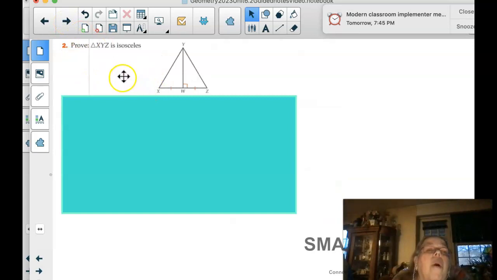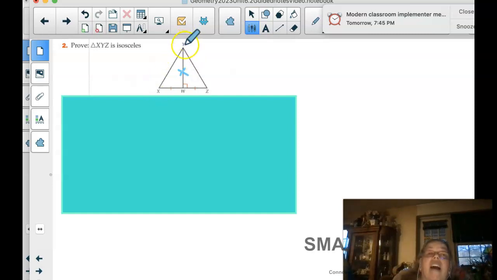All right. We want to prove that triangle XYZ is isosceles. Let's see what they gave us. They gave us perpendicular. They gave us that these guys are congruent, so it's the perpendicular bisector. And we know that this guy is in both triangles by the reflexive property.